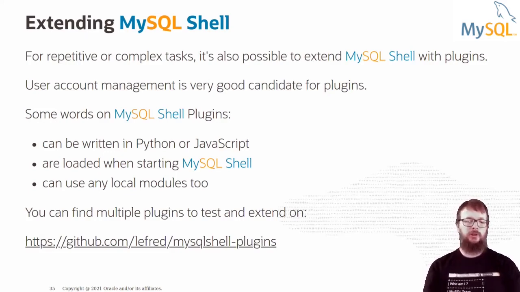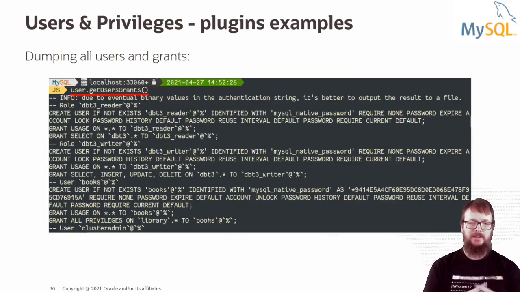One example I wanted to show you, related to this user management, user privileges, and plugins, is dumping all user grants. There is one plugin, user, and one of the methods is get user grants.